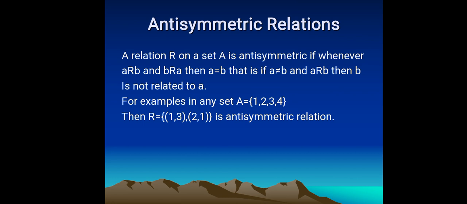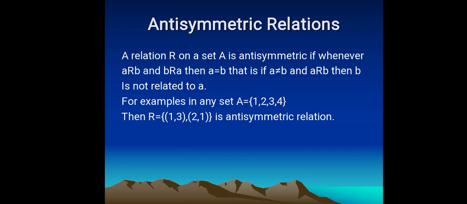Antisymmetric relation. A relation R on a set A is antisymmetric if whenever A is related to B and B is related to A, then A is equal to B. That is, if A is not equal to B and A is related to B, then B is not related to A. For example, in any set A = {1, 2, 3, 4}, R = {(1,3), (2,1)} is an antisymmetric relation.